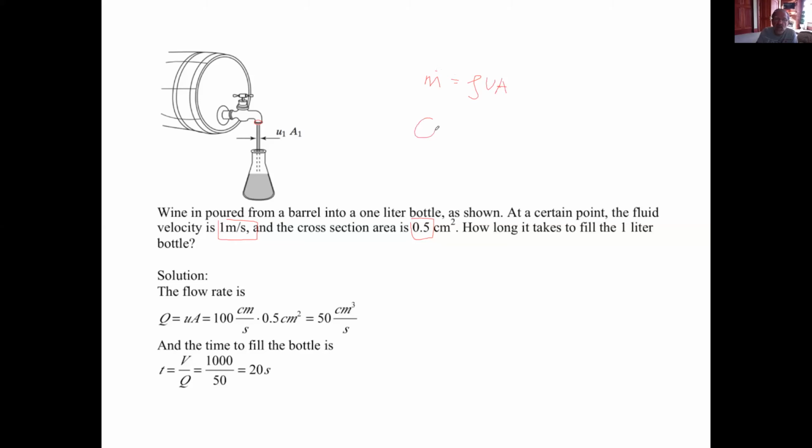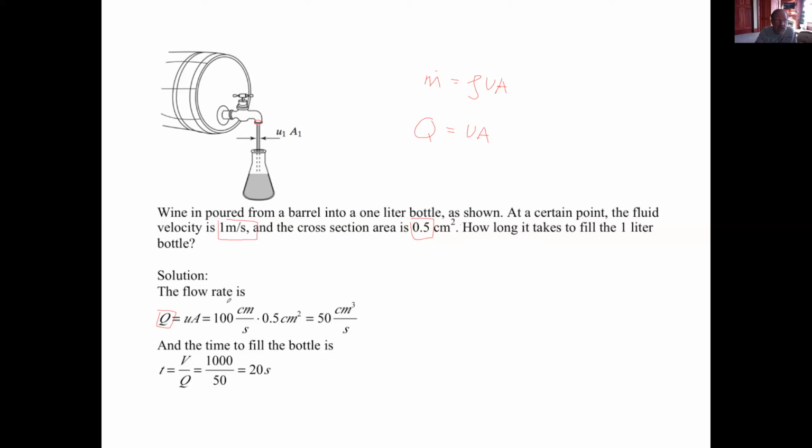Or we can have Q, capital Q, which is the volume flow rate, which is just U times A. In this particular question, how long will it take to fill the 1 liter bottle or pitcher, the question is only about the volume. So we don't really need the density. The volume rate is really the velocity times the area.